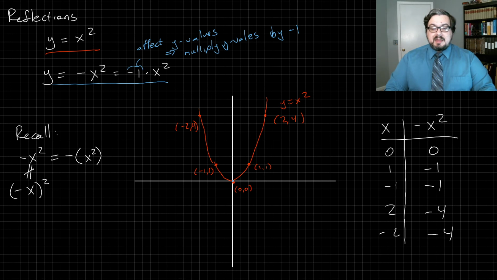So that means that the points on the graph of y equals negative x squared are the following. We've got (0, 0), (1, negative 1), (negative 1, negative 1), (2, negative 4), and (negative 2, negative 4).